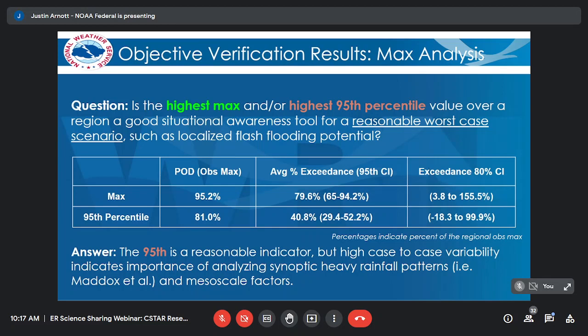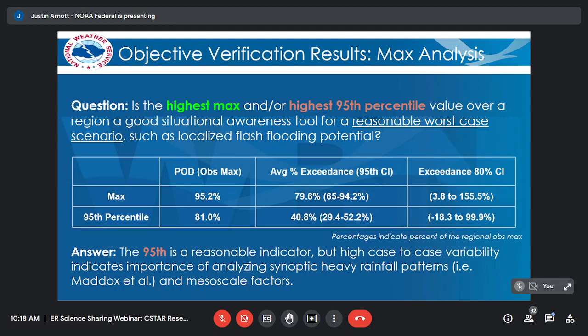So, for example, the ensemble max, 80% of the time, is going to fall between 4% over the max in the domain that's observed, or 160% of what's in the domain. So it's always overestimating. Whereas the 95th percentile, 80% of the time, falls between 20% below what is actually going to be observed in the domain, or 100% over, so a double of what's in the domain.